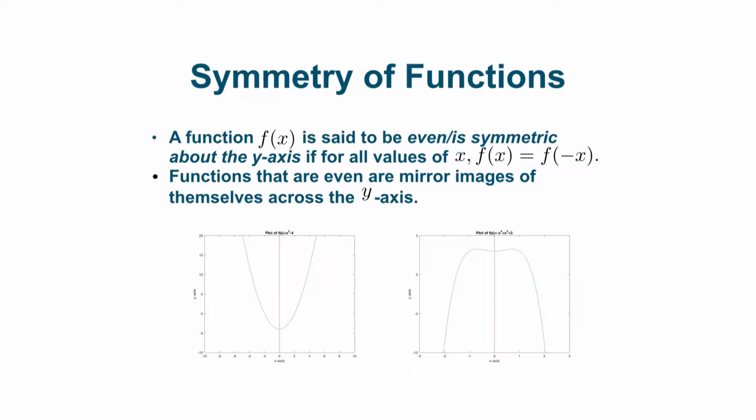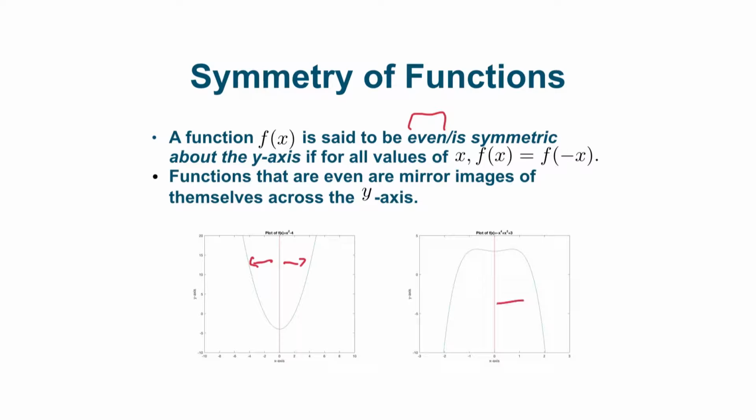The idea behind symmetric functions is that the plot of the function looks the same on two sides of some line. So in the case of what we call even symmetry, the picture is the same on both sides of the y-axis. If I reflect over the y-axis, the picture is the same.